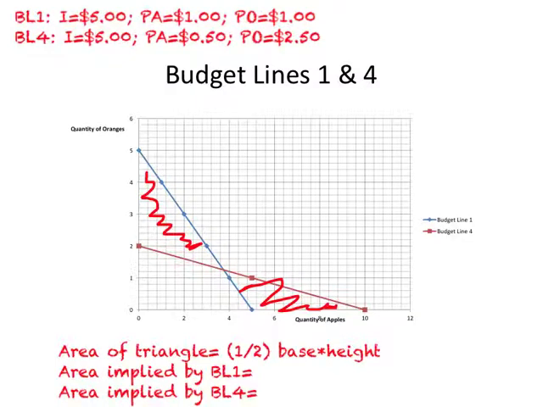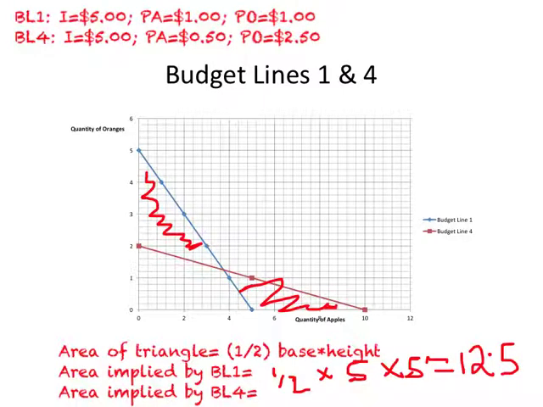Now look at BL1. What is the base? It is 5. What is the height? It is 5. And so what will be the area implied by BL1? It will be half times 5 times 5, and you will get 12.5.